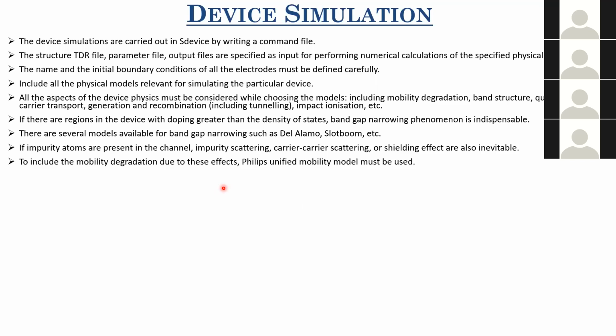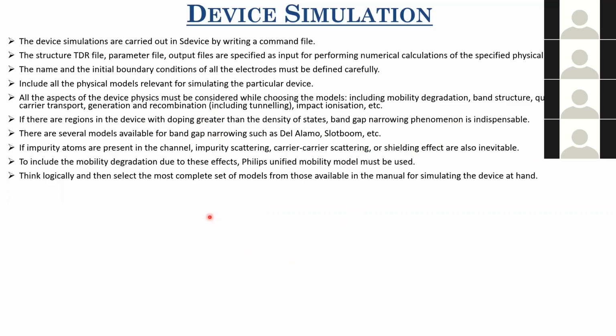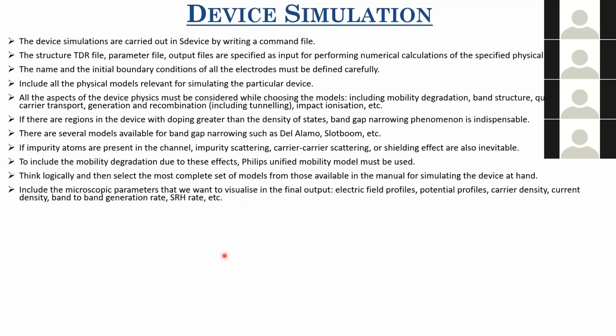We find that the Philips Unified Mobility Model is the most comprehensive one in the manual, which incorporates all these effects. So this is how the choice of a particular model has to be made. So you have to think logically and select the most appropriate set of models from those available in the manual for the appropriate device simulation.